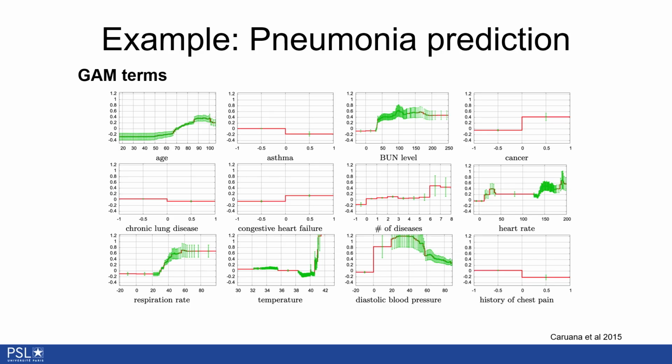So once the model is trained, an expert can inspect the set of functions of individual features, check the model, and potentially correct if needed. In this example, we can see in the second panel in the top row that in the model, the presence of asthma appears to decrease the risk of pneumonia, which does not make sense.